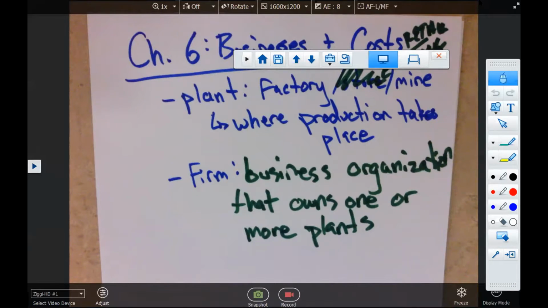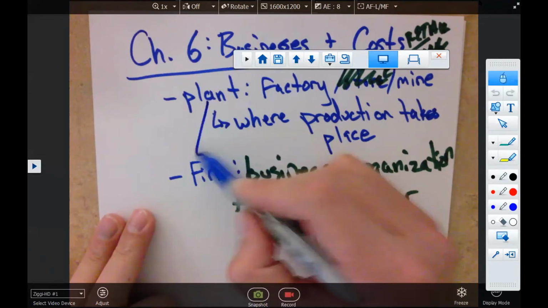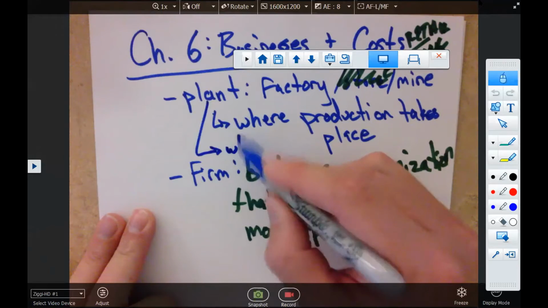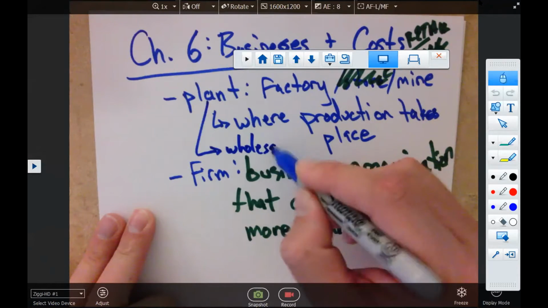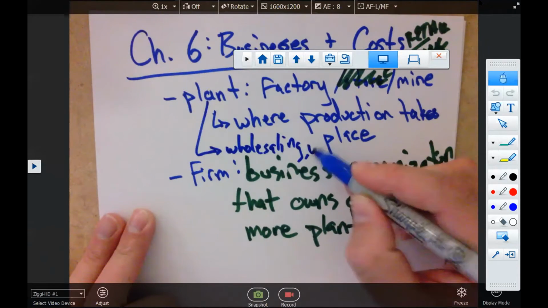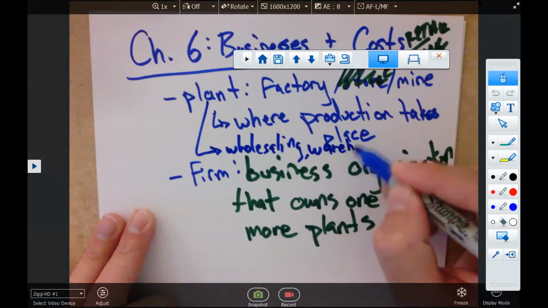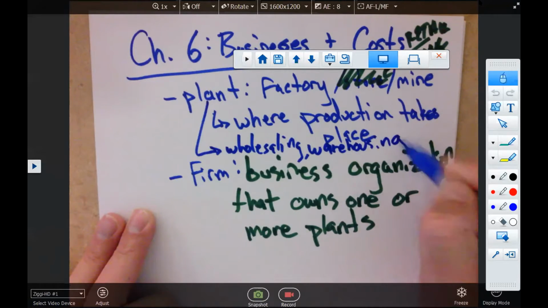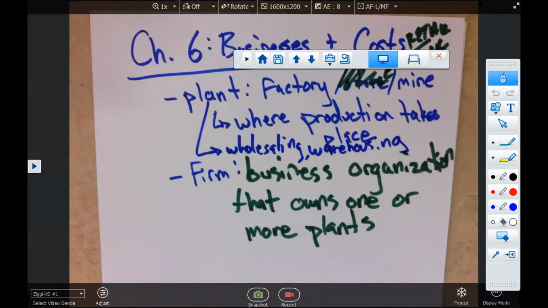They make the donuts in-house. Exactly. So wholesaling, warehousing, anything necessary for production and distribution. An industry.